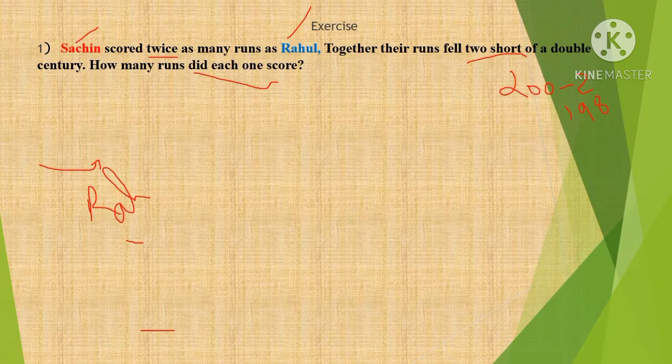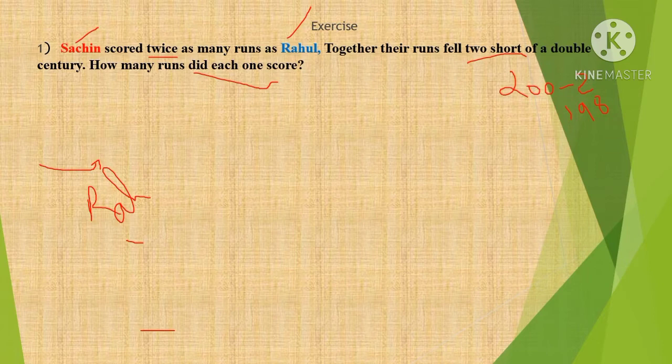That's why it is written as Sachin scored twice as many runs as Rahul. So for example, Rahul scored 2 runs. Then what will be the Sachin score? Double of Rahul, right? So Sachin score will be 4. Understood? So here we don't know Rahul's run, so we'll take it as any one variable.